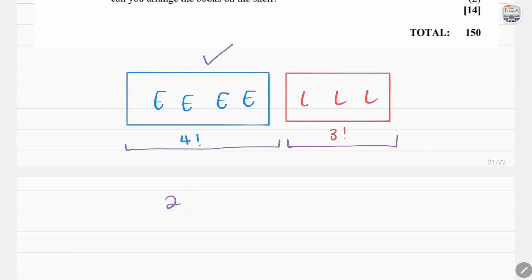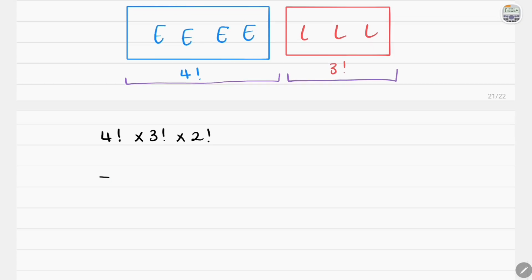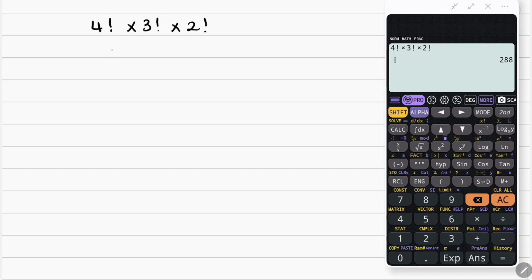Then once this group is placed down, then this next group, we're looking at these groups as if they were individual books. This next one has only 1 choice to be placed in. So that will be times 1. So you see how that's 2 factorial, 2 times 1. So the answer will be 4 factorial multiplied by 3 factorial multiplied by 2 factorial. And let's get our answer. And this is 288 ways.